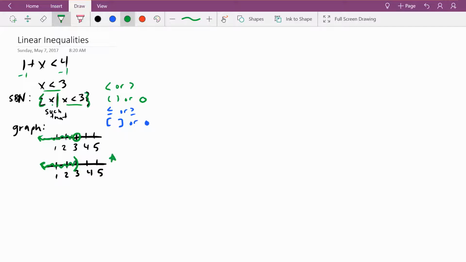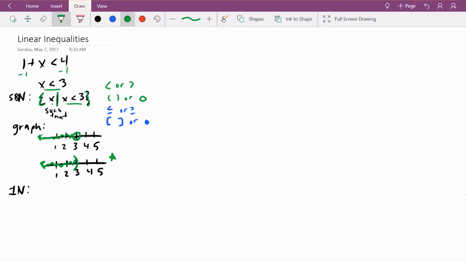It's because when we go to do interval notation, I'm just going to say IN. So with interval notation, if we have this graph, we simply write what appears here with the parentheses or brackets and put it in this notation.